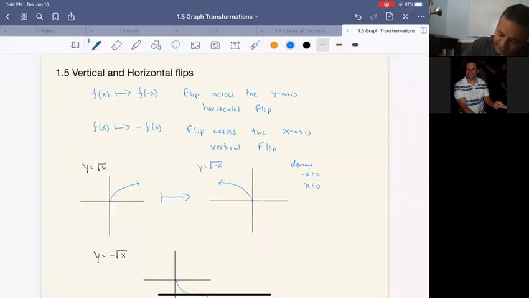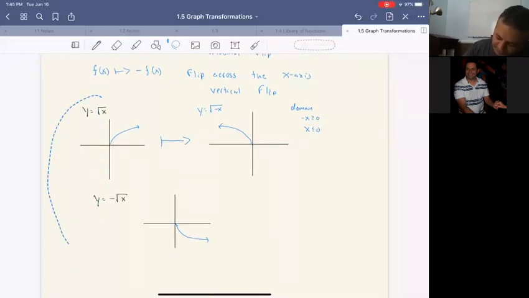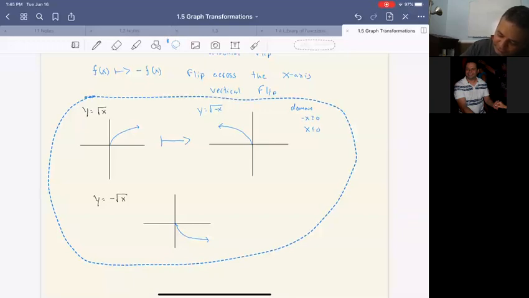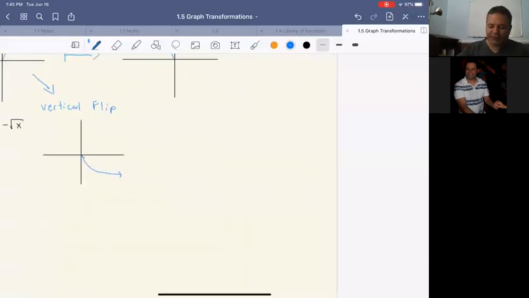Let me move this so that the words don't get caught up. So this was a horizontal flip. And here we had a vertical flip. Let's move this over to there. There. Okay. All right.